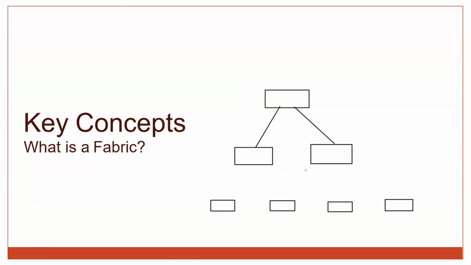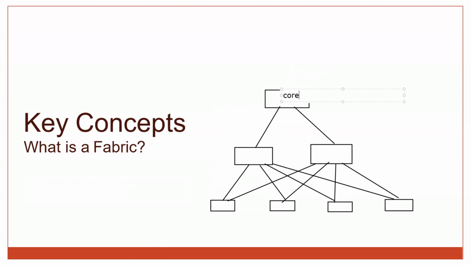So in this 3-tier architecture, you're defining what is your core, what is your distribution, and what is your access.